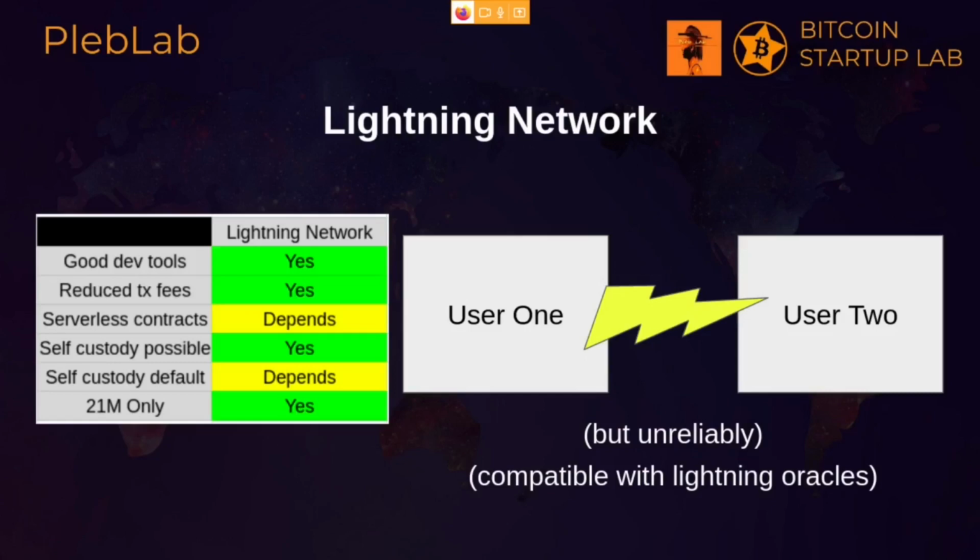So there's that, and then is self-custody possible? Well, yeah, it definitely is possible. I mean, very many Lightning wallets are self-custodial, and some of them are really good. So you can definitely do that. Is it the default? Kind of depends. The last gentleman said that 90% of Lightning users are on custodial wallets. I don't know how he's getting to that figure.